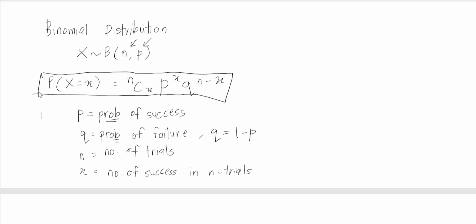So if the question asks you to find the probability of getting heads, for example when you're tossing a coin, then your probability of success is getting heads. Usually you get heads with 0.5.